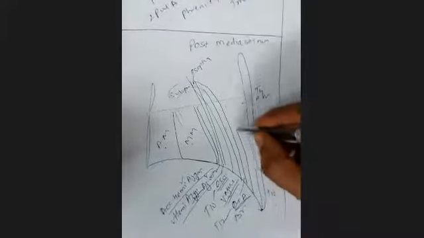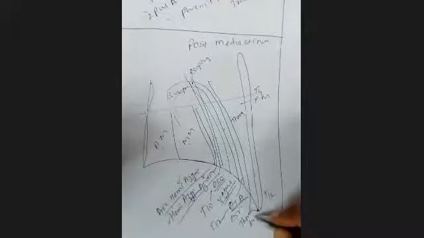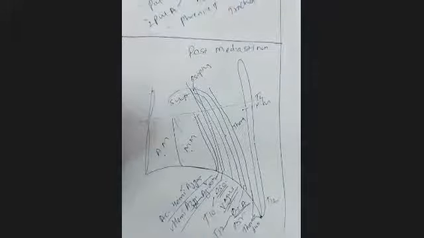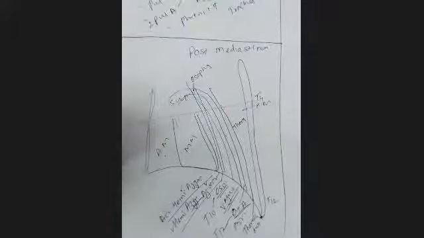Most important is the thoracic duct. The thoracic duct will pass from posterior mediastinum and go to the superior mediastinum. So these are the contents of the posterior mediastinum.